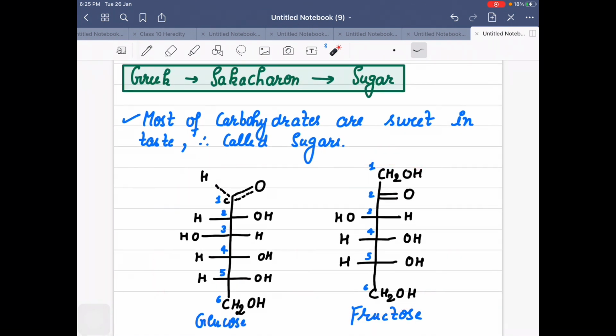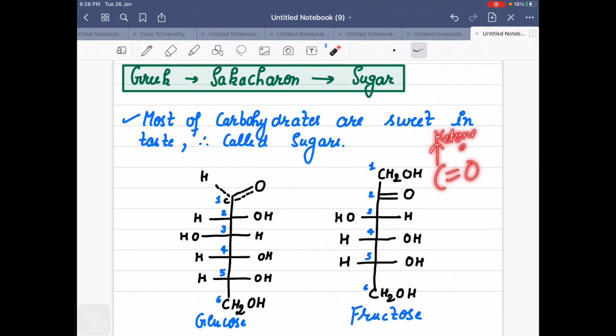Okay, the major thing when you draw the structure: there is a group here. Can you see this group? CHO. This is the aldehyde group, I will say the free aldehyde group, in your glucose. Look here, C, definitely it is C. This is CO, our ketone group.